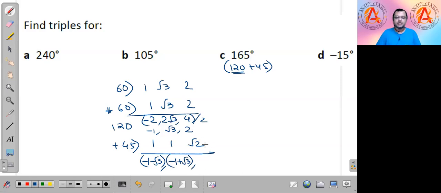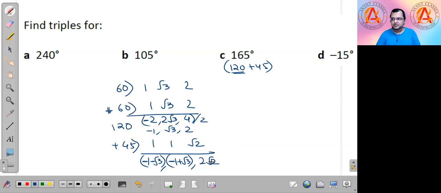And here we have 2 root 2. So Uditi, if you divide all the values by 2, you will get this. Okay.